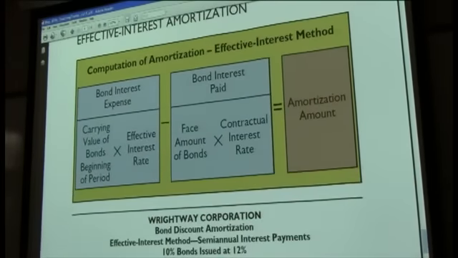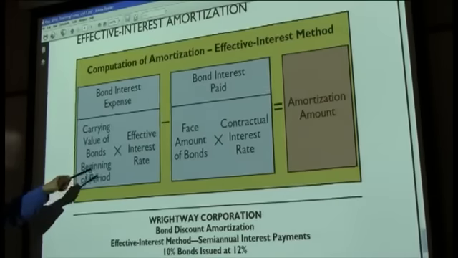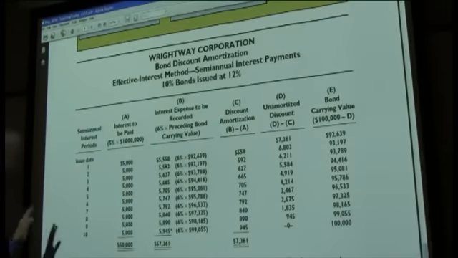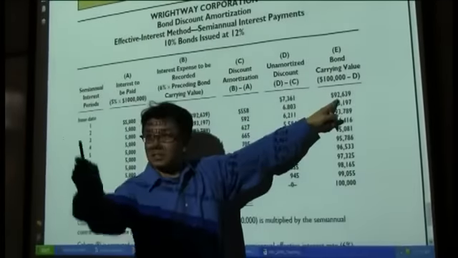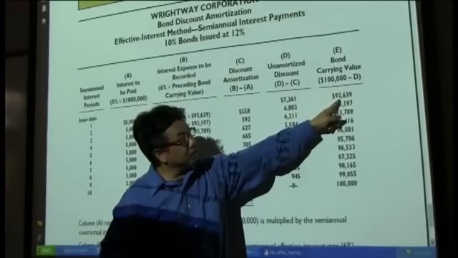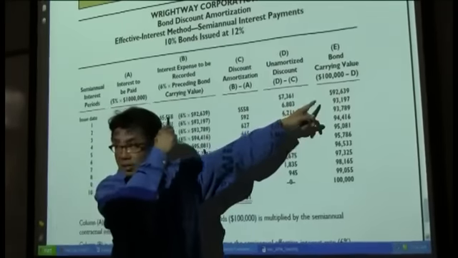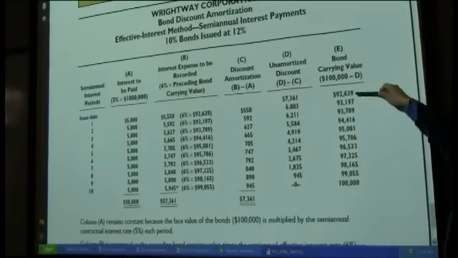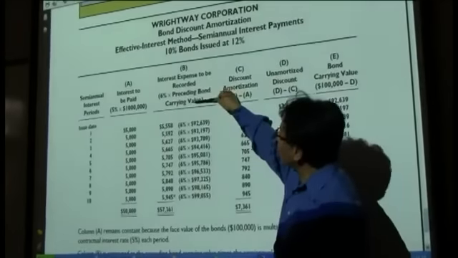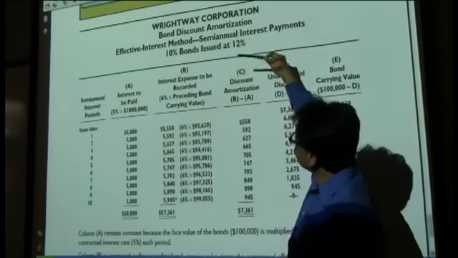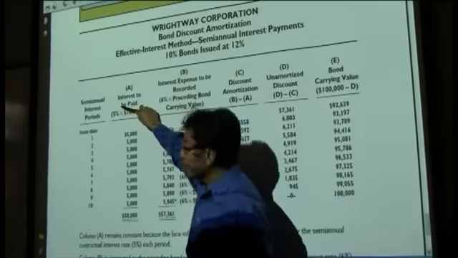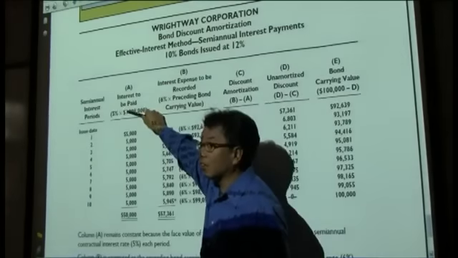Instead of looking at this, which is too busy, just look at the table. Again, the table is the best. Your starting point, you can see it in the back, 92,637. We just calculated that. So it's a starting point. Always remember, multiply by the market rate. Where's the market? Right here. Ignore the face rate, the contract rate.